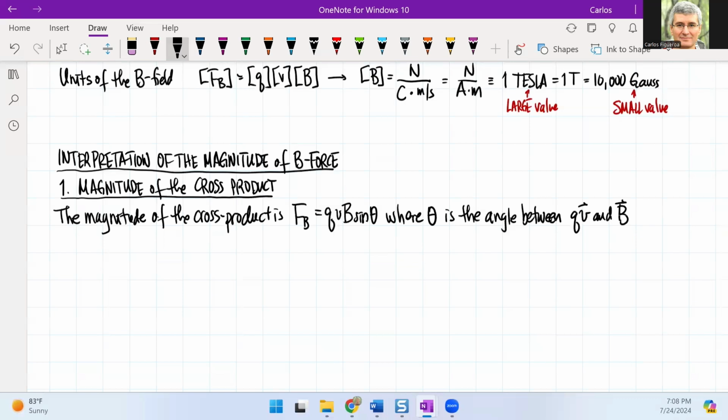So what we're really looking at again is that we have our magnetic field, and then this quantity here is the charge times V, QV, where that's going to be our angle.